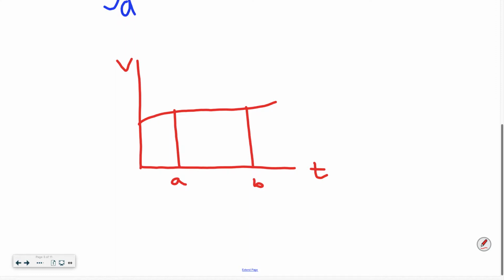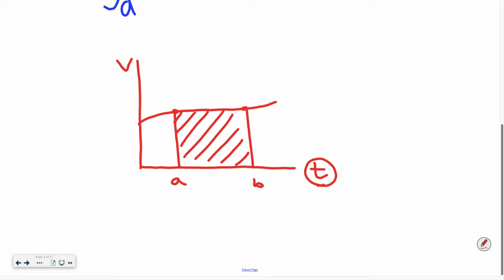We have a velocity time graph, and let's take a chunk from A to B and calculate the area under the curve. Well, what are we finding? If we're taking these rectangles, this area under the curve, our height is velocity, our widths are time.